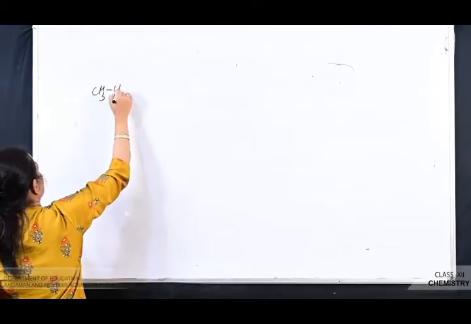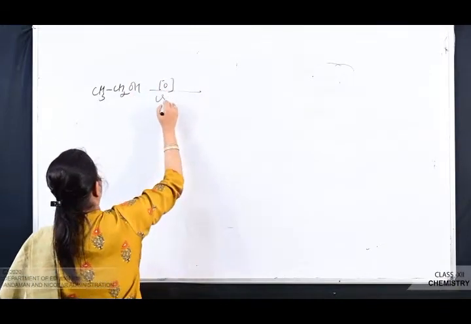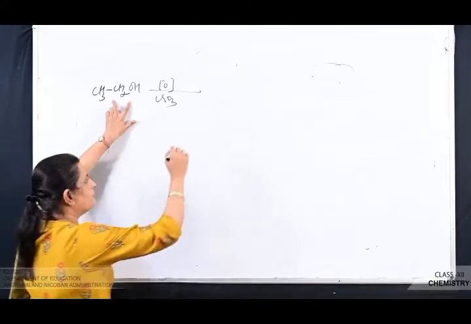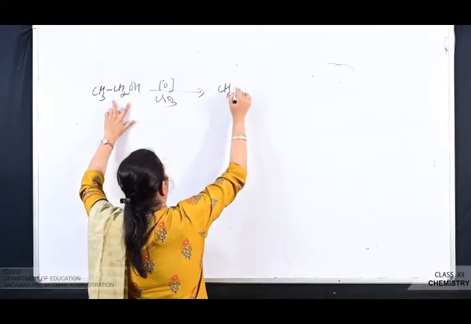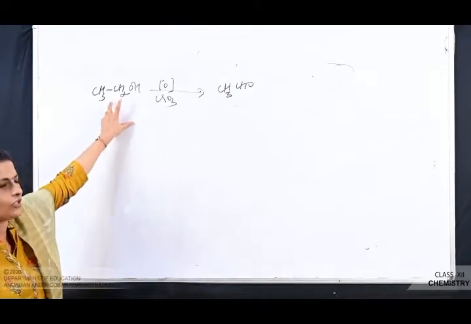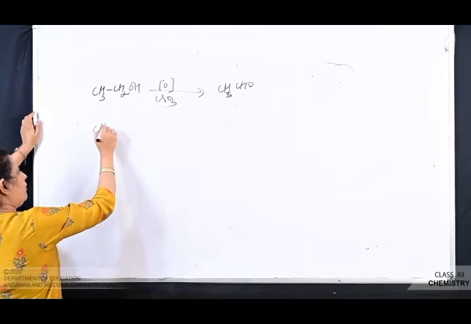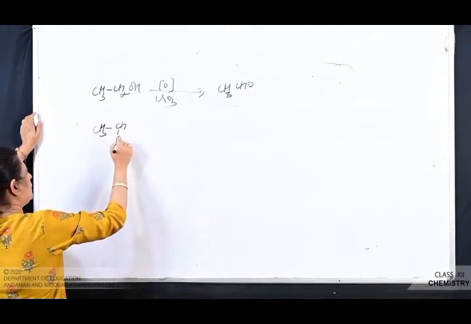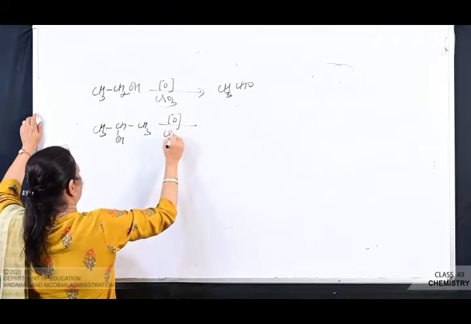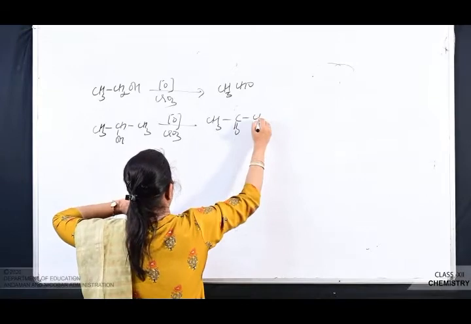Primary alcohol CH3CH2OH, on oxidation with a mild oxidizing agent like chromic anhydride, CH2OH is converted to aldehyde, and the reaction will stop here. This is not further undergoing oxidation, because this is a mild oxidizing agent. In the same way, a secondary alcohol will be converted to ketone. You get CH3, C double bond O, CH3.